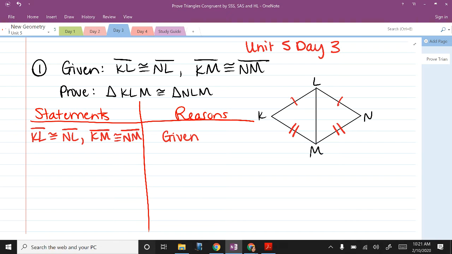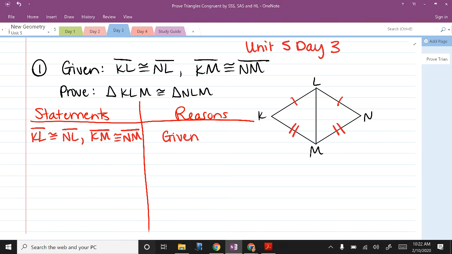All right. Now, side is the only congruence postulate I know. So far I have two sides congruent to two sides. Somehow I've got to show that the third sides are congruent. What sides are not marked for each triangle? LM. Don't both triangles have the same segment?